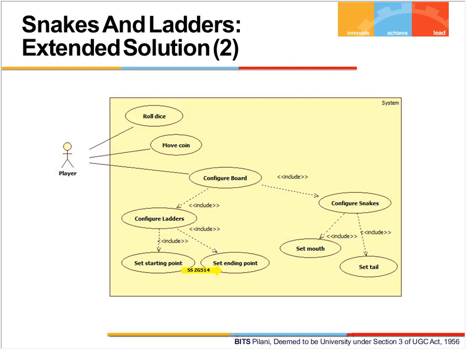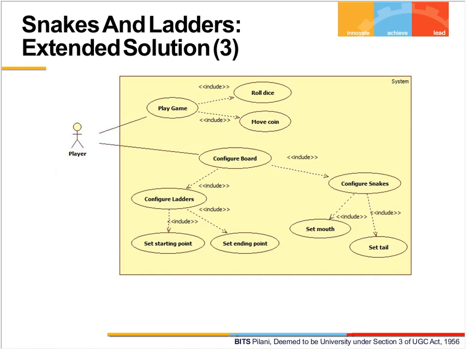Okay, we go back to our discussion of the use case diagram. So your configure board is divided into sub use cases. Let's see what I have next. That's solution 3.